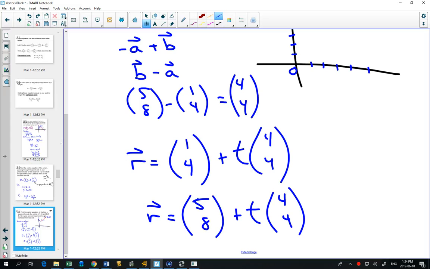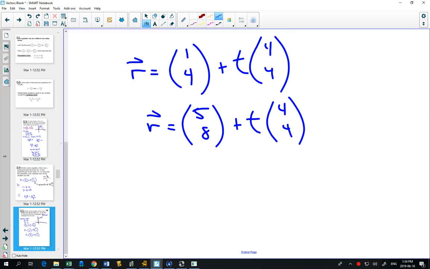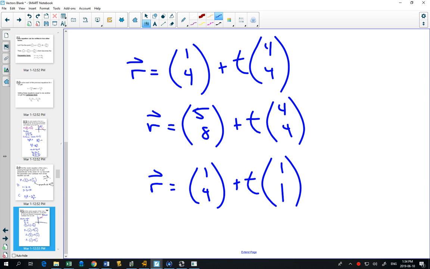And then someone else goes, well, I like (1, 4) because it was written first, but I don't like writing so many 4s, so I'm just going to write (1, 1). They are right as well, because (1, 1) is parallel to (4, 4). And all we need is a direction, say we need to walk in this direction to get to another point on this line, and any multiple of any parallel one will work. Right?